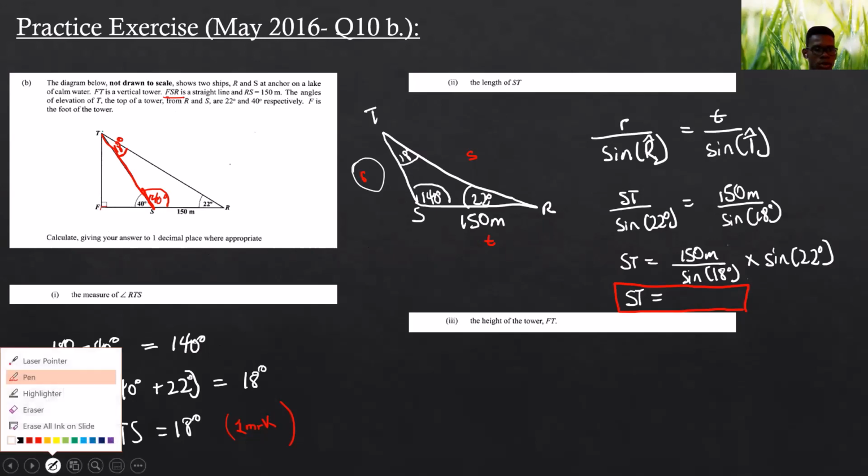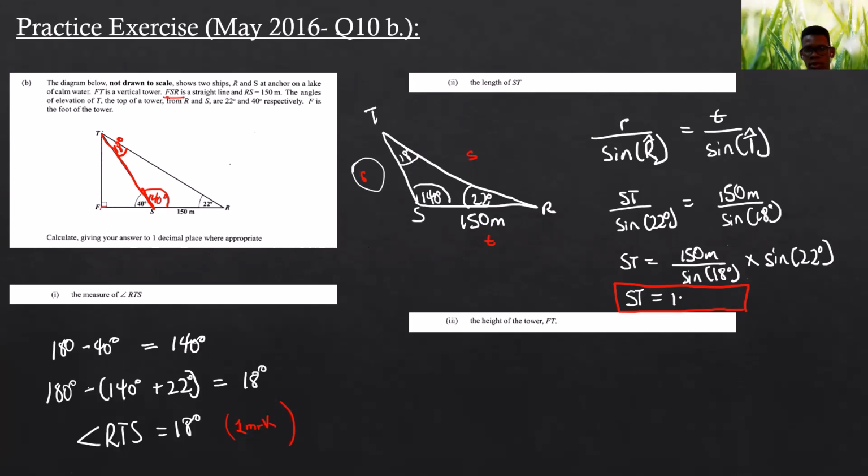So I get 801.8 meters. So let me just double check. I prefer for you guys to be using your calculators and following along, right? That's correct. Right? Let's move on.